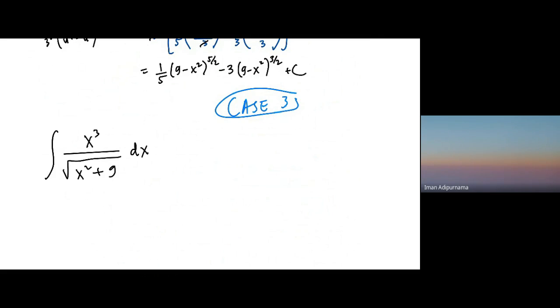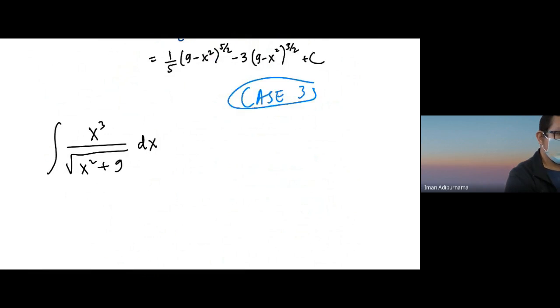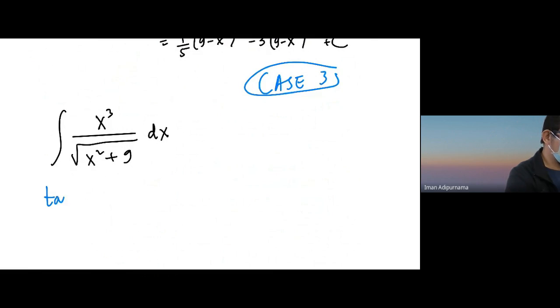For this one, we have to remember what kind of trigonometric function has something squared plus a constant. I think that will be a tangent, right? Tangent squared plus 1 becomes a secant squared.